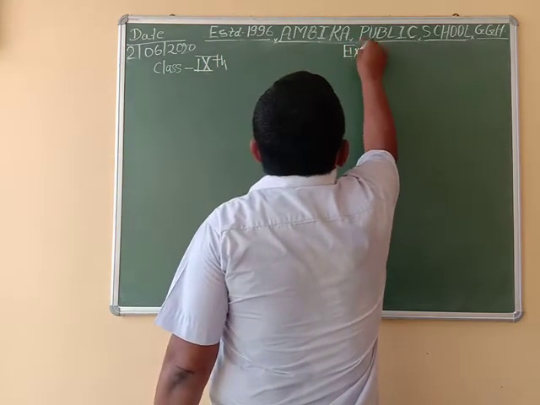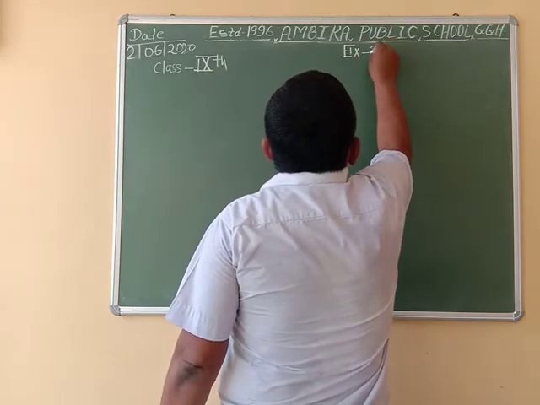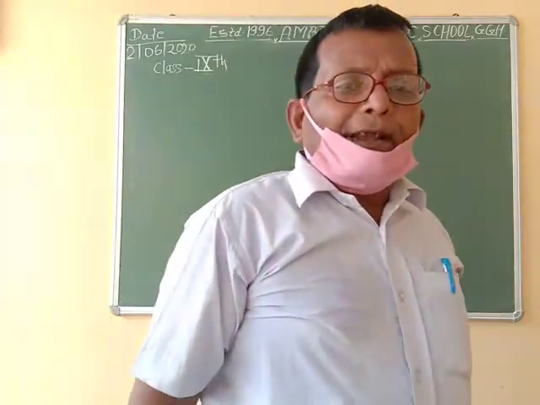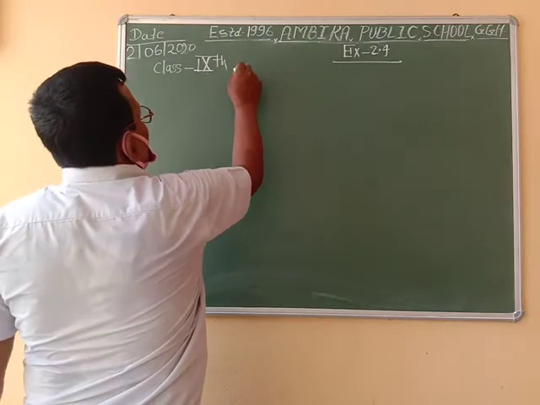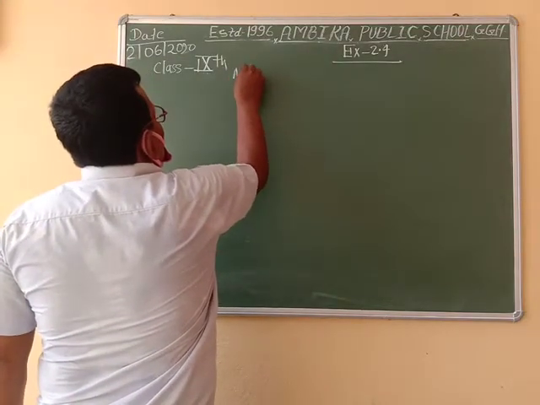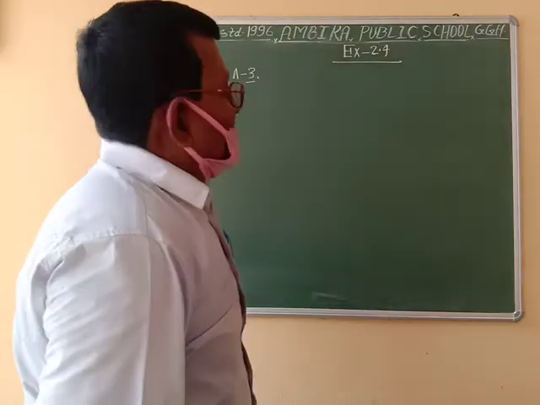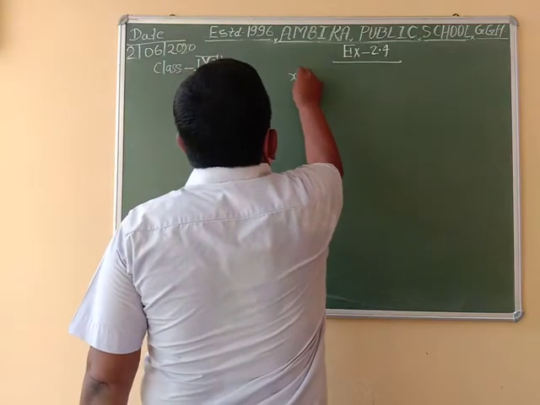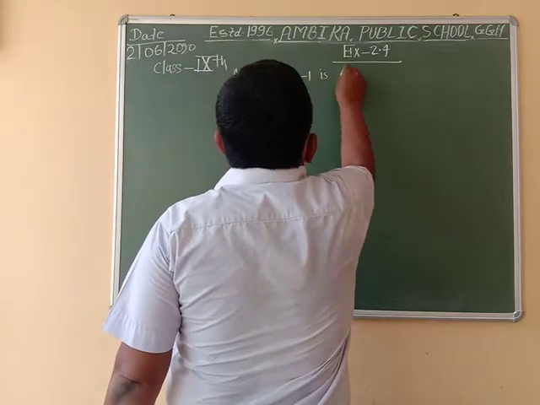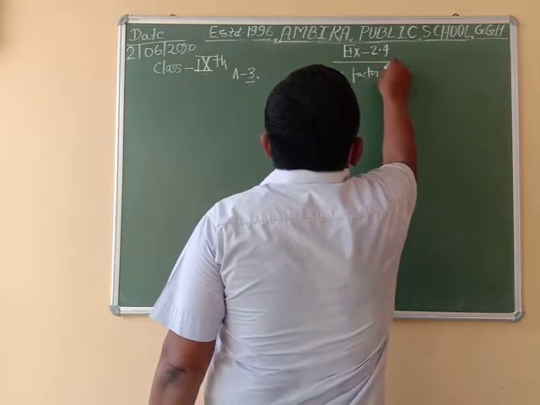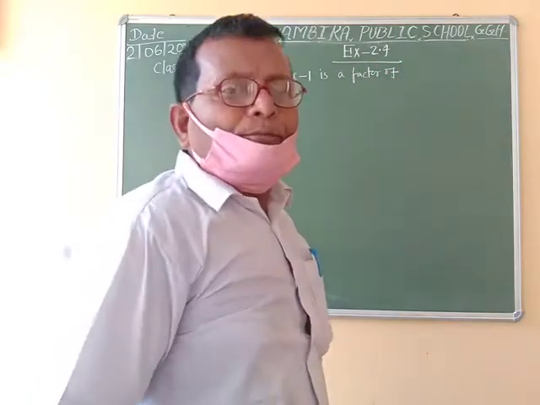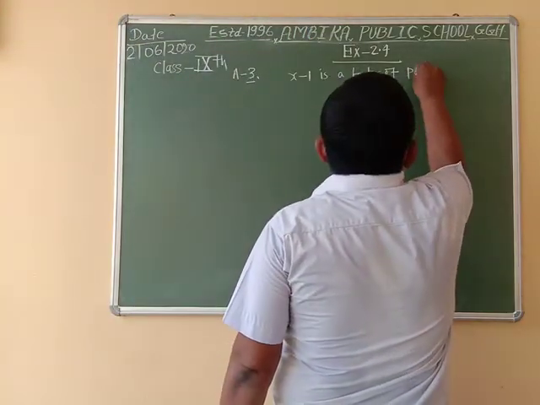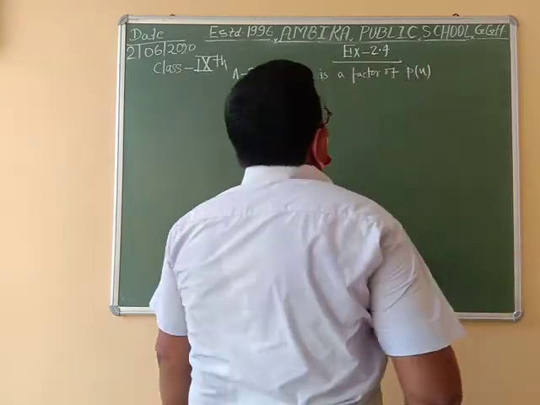Find the value of k if x minus 1 is a factor of p(x).